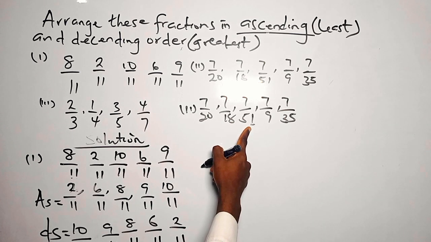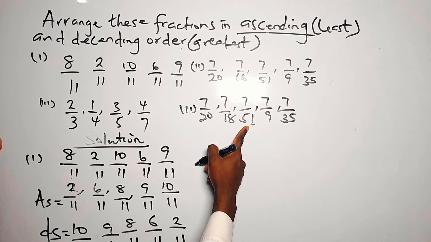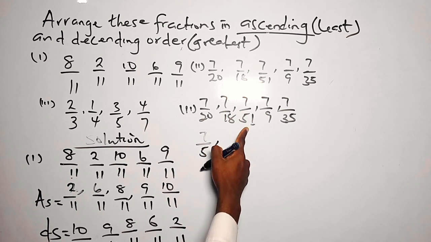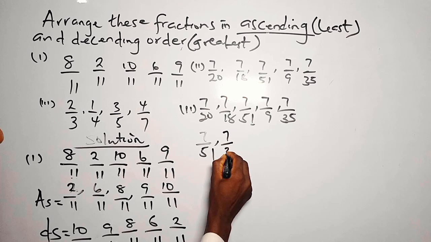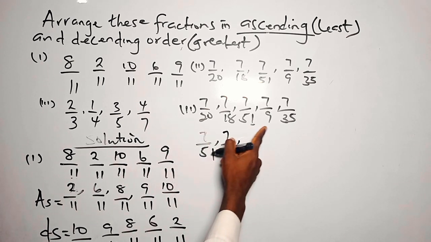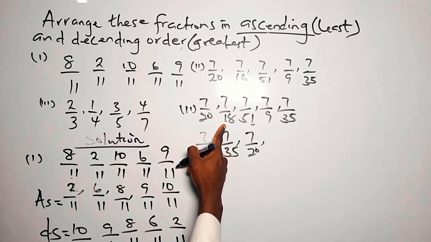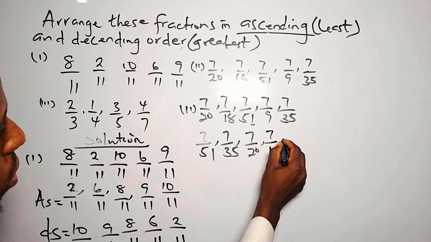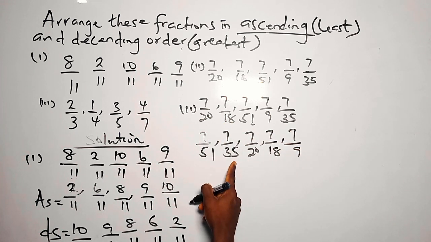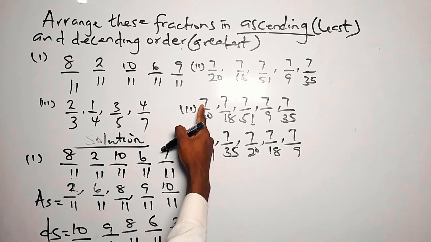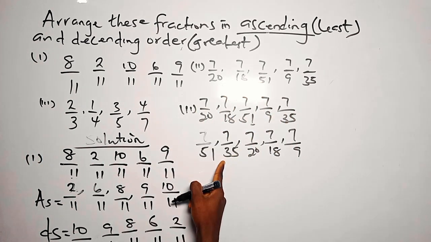So to put this in ascending order, the least number will be 7 over 51, followed by 7 over 35, then 7 over 20, 7 over 18, and 7 over 9. Do not forget, the highest denominator will always be the least when you have the same numerator.